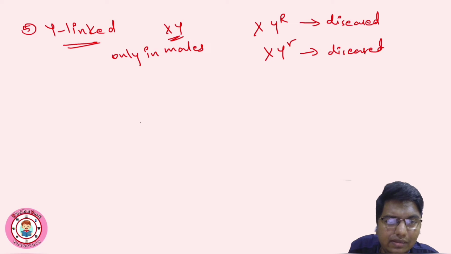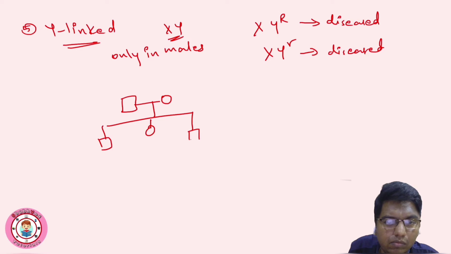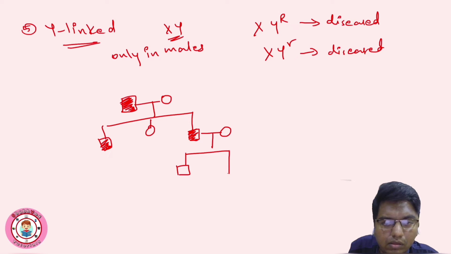Okay, so let's see what the condition is here. See, suppose I draw the pedigree. Color. Got it?